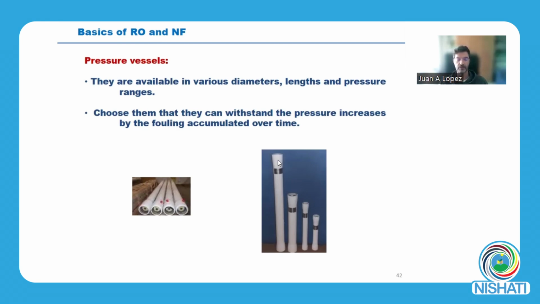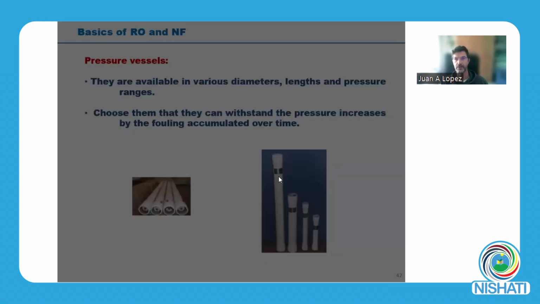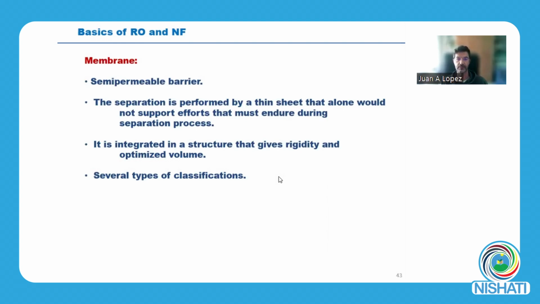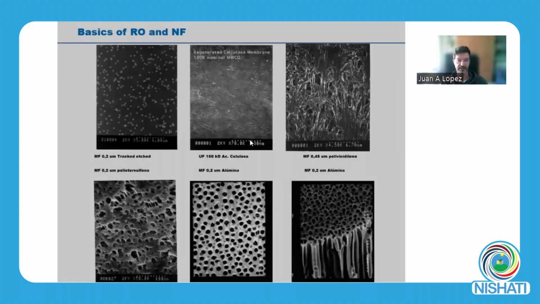If you are going to work with brackish water, usually a pressure vessel resisting 40 bars is enough. But if you are going to work with seawater and you can use up to 70 bars, you need to use the most resistant.